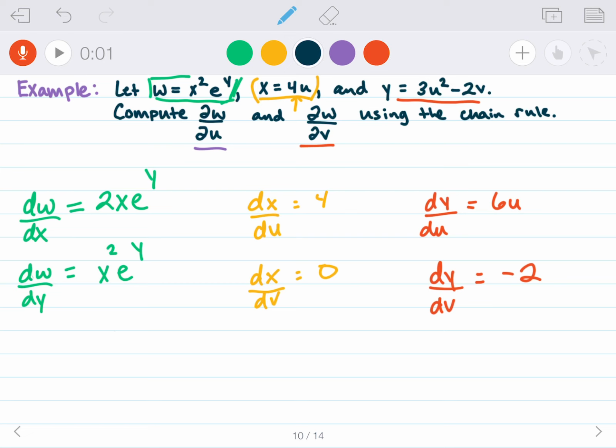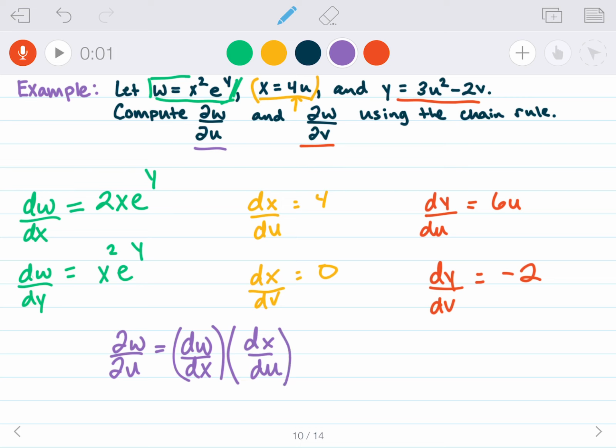So using all of this, let's first compute the partial of w with respect to u. So for our x's, we have dw dx. And again, I know that the notation isn't perfect, but it's a way for you to intuitively remember why something goes where it does. So we have dw dx, along with the x that involves u, so this is dx du.